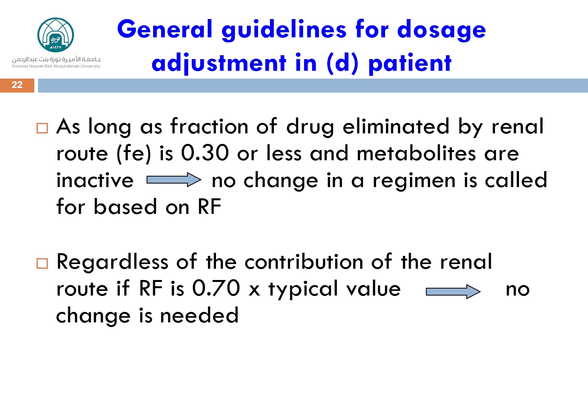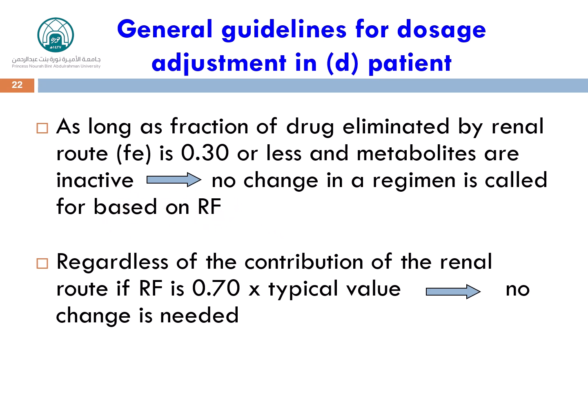As long as the fraction of the drug eliminated by the renal route, which is FE, is 0.3 or less, and the metabolites are inactive, they have no pharmacological activity, no change in the regimen is called for based on the renal functionality.